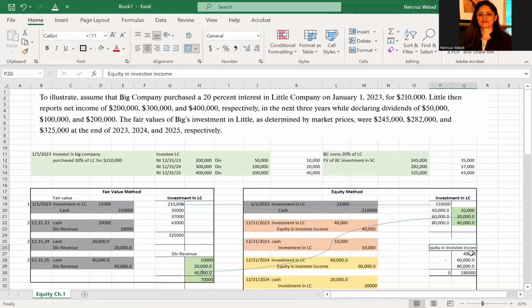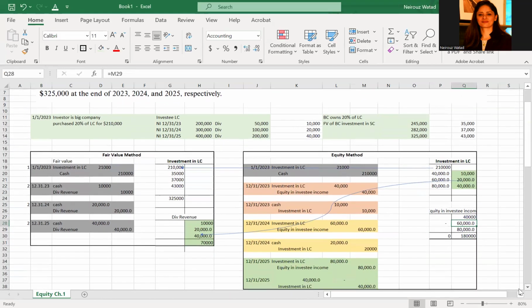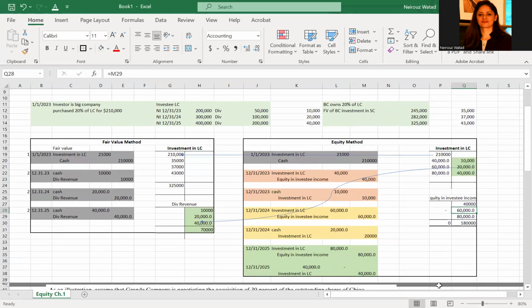Okay, so this is the equity in investee's income. This is my share of LC's income. And now the dividends, debit cash, and dividends reduce the investment in LC's account. And same thing with the 2025 transaction.